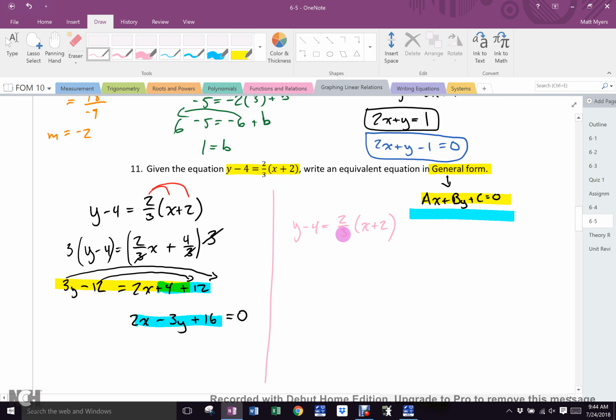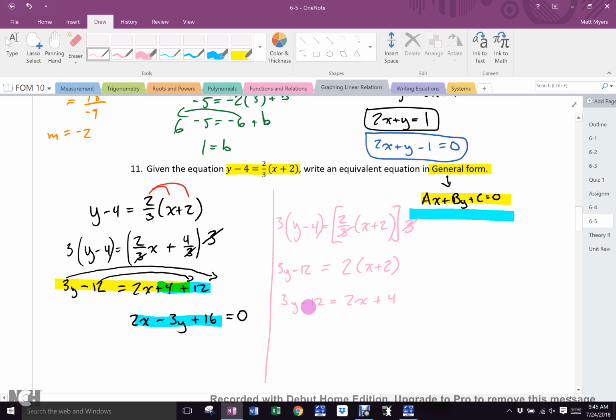If I start with this 3, watch how different this looks. I'm going to multiply by 3 right now to clear out that 3. They cancel. Now I've got 2x plus 2. Multiply this side by 3, 3y minus 12. Distribute that, 3y minus 12 equals 2x plus 4.